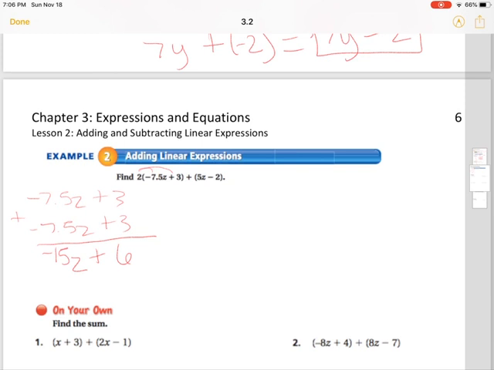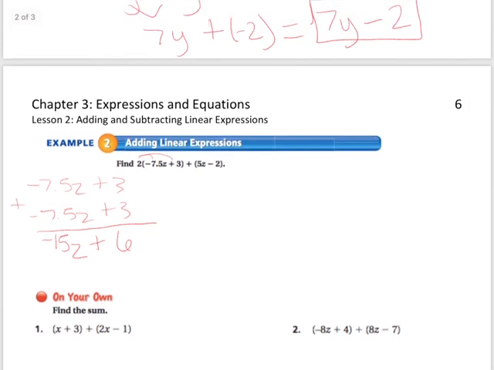That's why we use parentheses in math. It's because we want to include not just one solo thing, but multiple things together. And so when you have the negative 7.5z plus 3 with that 2 on the outside, it's saying that there is 2 of everything in here.